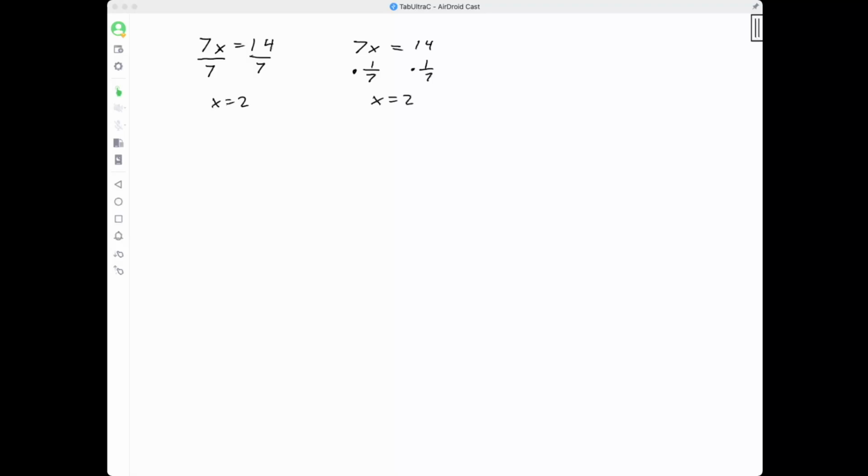This is still a problem though, because this would require some form of a division of matrices to come up with this number 1/7, the identity divided by our 7 matrix. That isn't allowed. That can't be done.